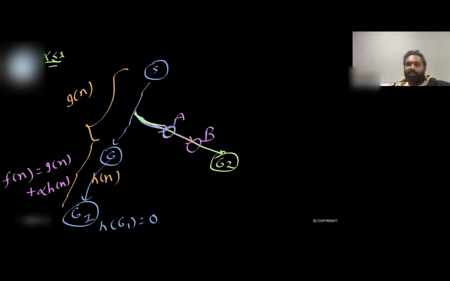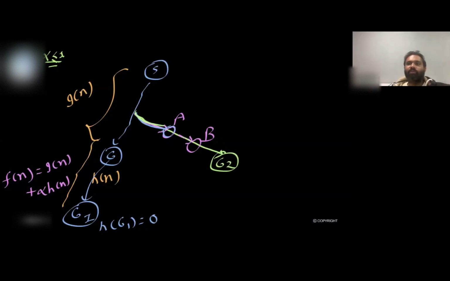I'm assuming the contradiction. Let's say your algorithm has actually explored G1, that is, it has explored this particular blue path, and it is outputting this path as a path from start to goal, but it is not optimal. I'm assuming a contradiction, and I will prove that such a thing cannot happen.